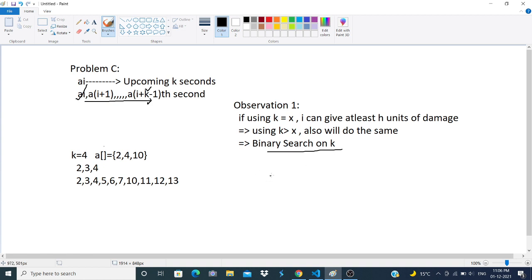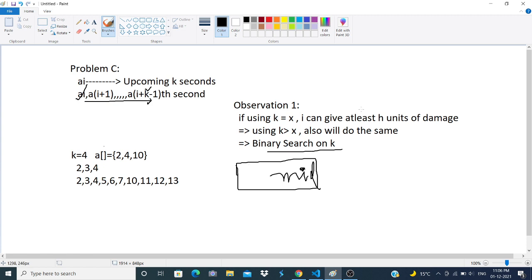So we fix some mid value, and we try to find, if I can deal damage to the dragon continuously for mid seconds, what will be the maximum total damage I can give to the dragon.